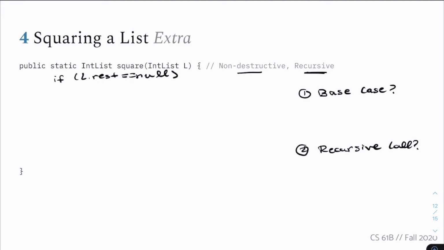One thing to note, though, is this is a thing called arm's length recursion. The best thing to do is, instead of checking L.rest equals null, you should be checking to see if the list is already over. You can do that by saying if L equals null.